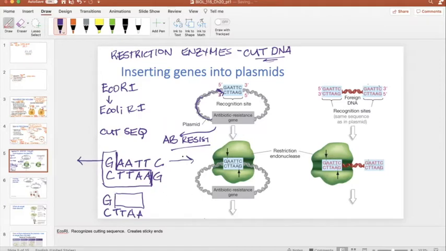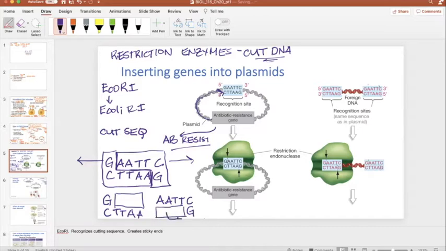Now, let's pull this cut in this direction. What you would find if you looked at this segment and you pulled it apart is you would have an A, T, T, C with a G down here. But all of this region, if we pulled these cuts apart, would be unpaired.